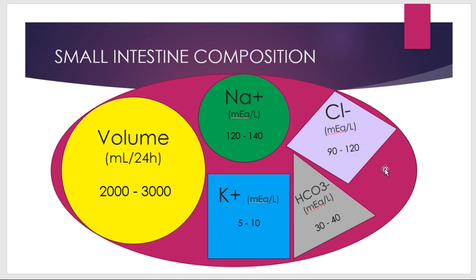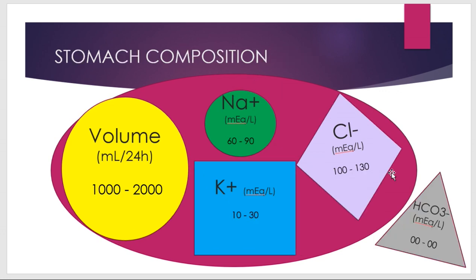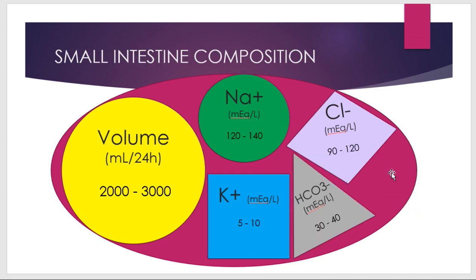Now focus on chloride and bicarbonates. Again, the bicarbonates are in the small intestine, right? And chloride again slightly reduced, 90 to 120 milliequivalents per liter.